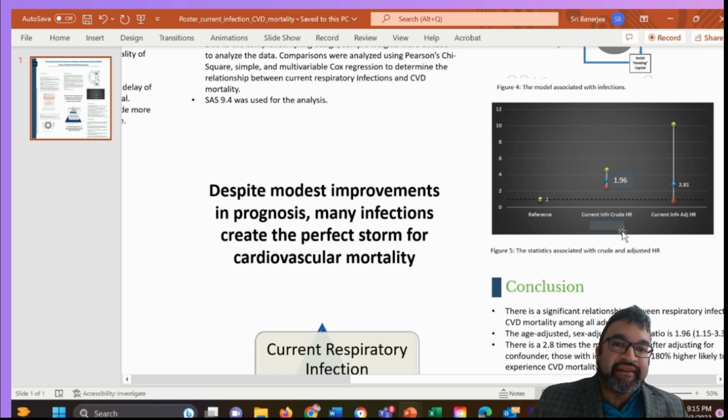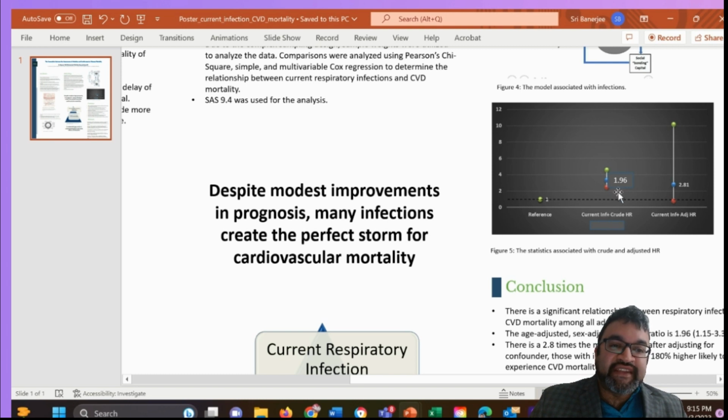The notion that infections do not cause long-term consequences is no longer valid. This is why we need to be careful about viruses such as COVID-19, so that we can prevent poor prognosis in cardiovascular health before this takes place.